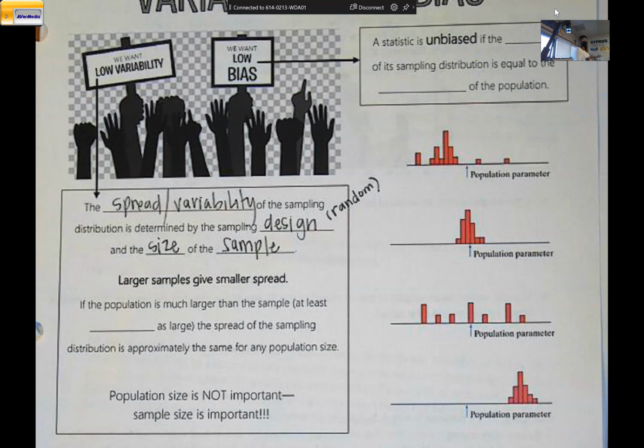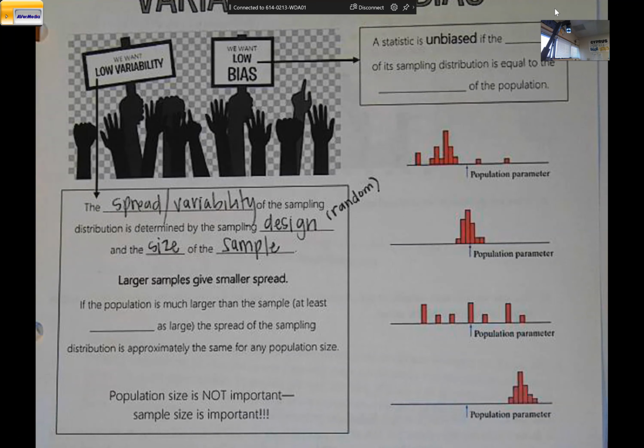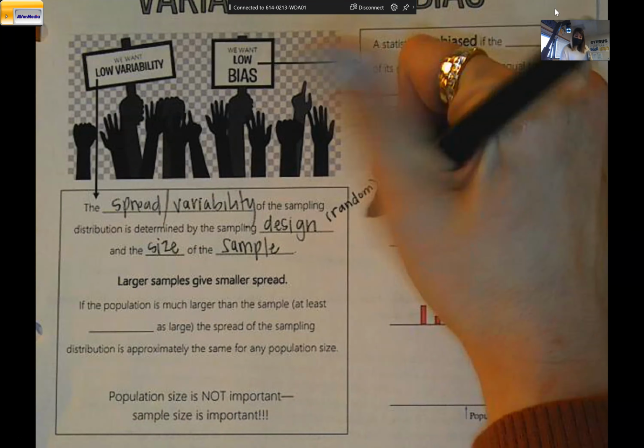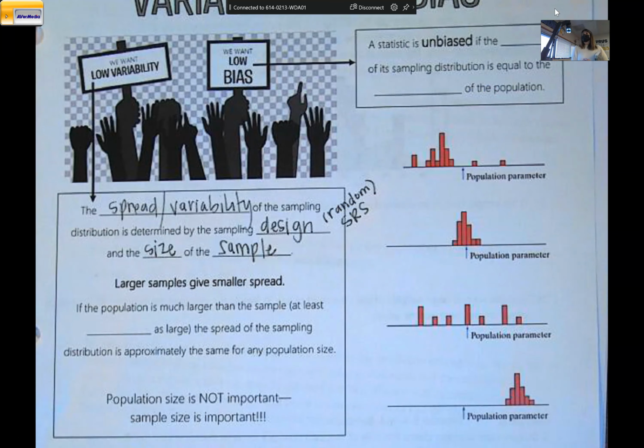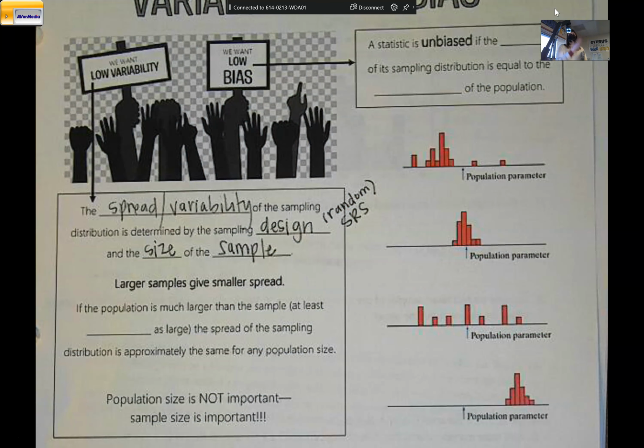If you go through the problems, you should see it clearly stated in the prompt that whatever sample they took is some kind of random sample. You guys will also see it as an SRS. What that is a simple random sample. So you're looking for, we took a random sample or we took an SRS.